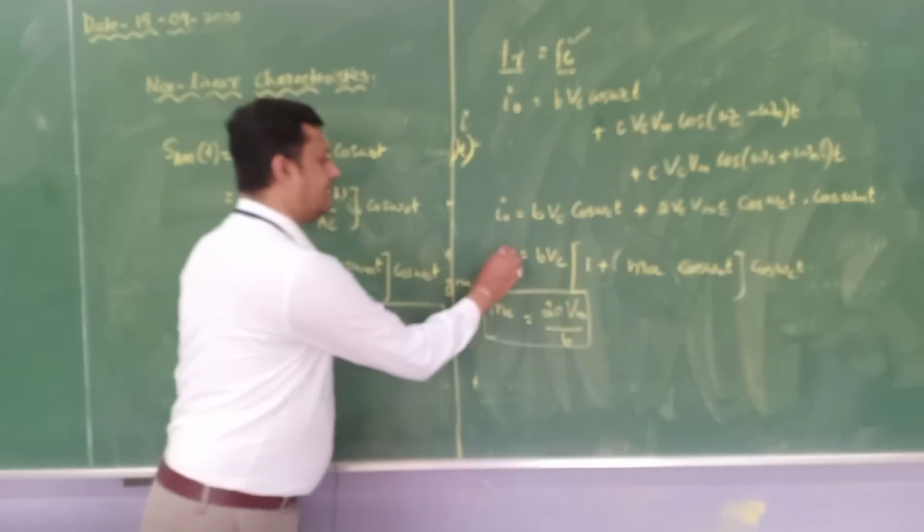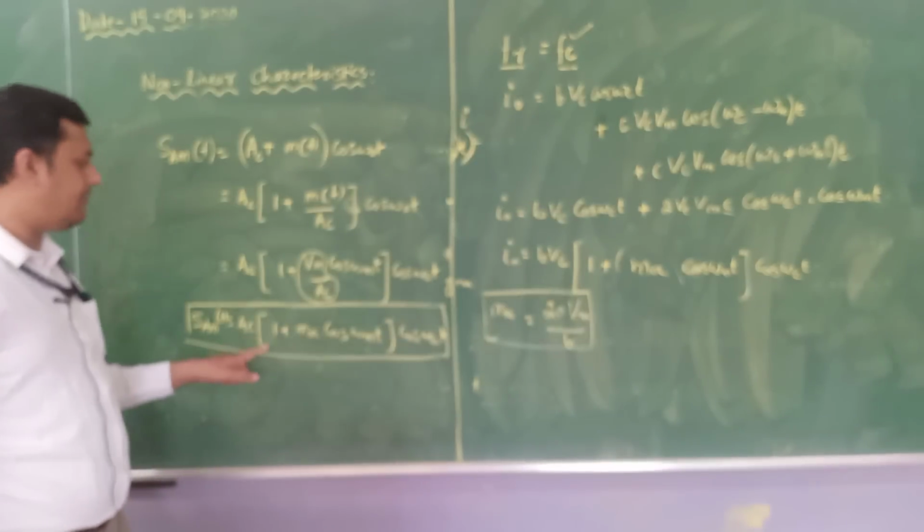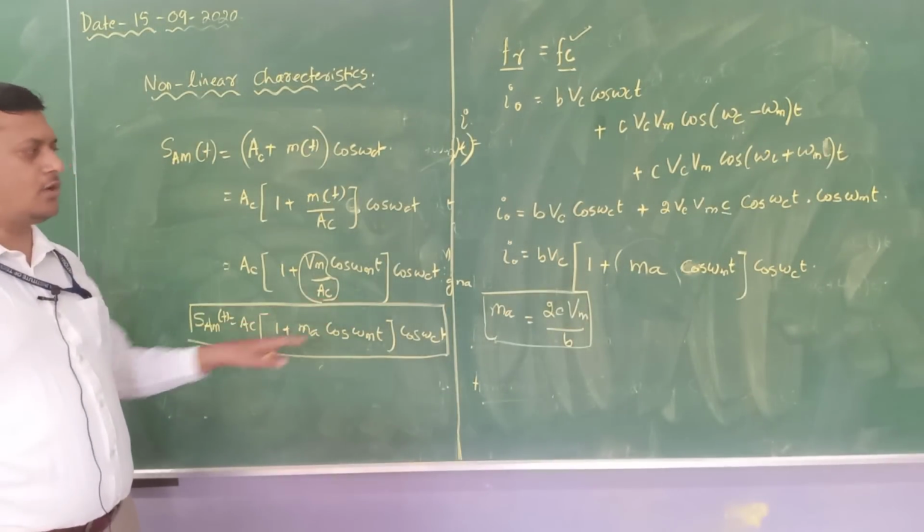Now in this equation, I naught is the output current. This equation and this equation are both correlated.